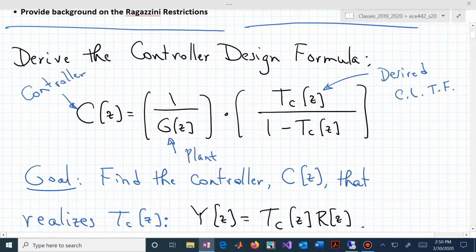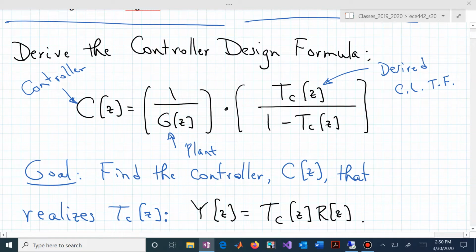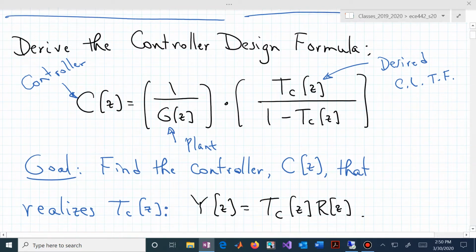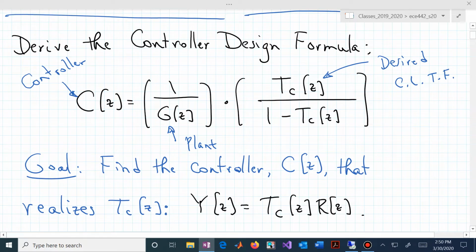The goal for this controller is to find this transfer function, capital C of z, such that when you put that into the closed loop unity output feedback configuration, you actually obtain between the reference input and the output this closed loop transfer function t sub c of z. If you build your controller based on this formula, then your closed loop transfer function between the reference input r and the output y will in fact be t sub c of z.